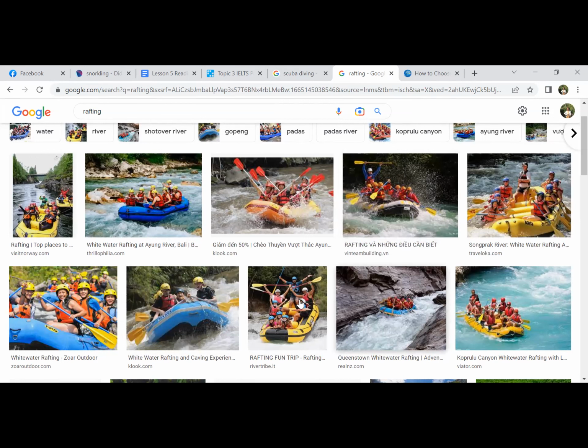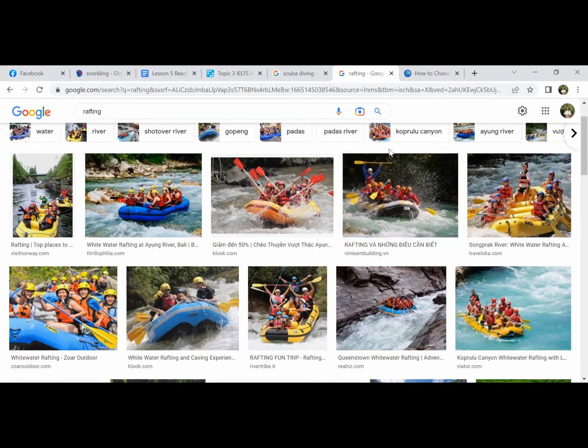So rafting is a sport where people go very fast on a boat, and sometimes you may hear the longer version in an IELTS listening test, white water rafting. Now, I know that you may never give it a try. You don't like something dangerous, but white water rafting is an extreme sport or a risky sport that is sometimes mentioned in the IELTS listening test. That is why I'm teaching you guys.